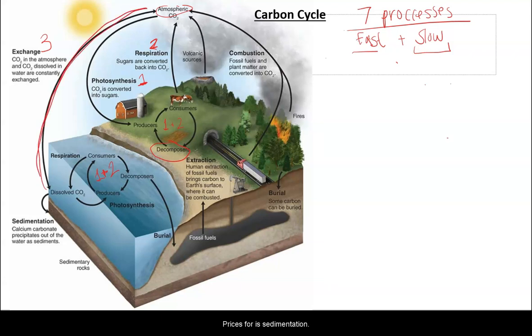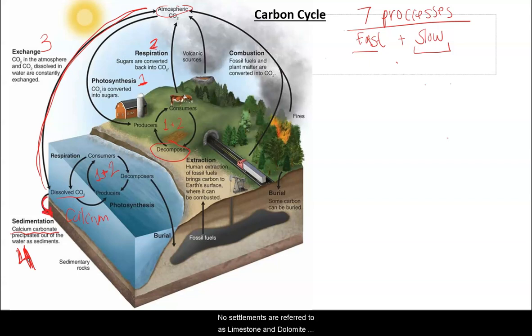Process 4 is sedimentation. So the sedimentation process involves carbon dioxide in the ocean being combined with something called calcium to create calcium carbonate. And calcium carbonate will then attach itself to dust particles or something like that and basically build up into sediments, which is what you're seeing right here.